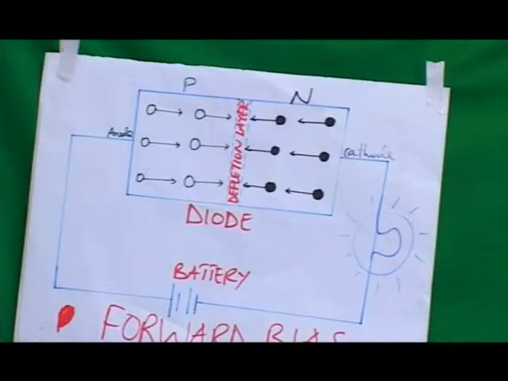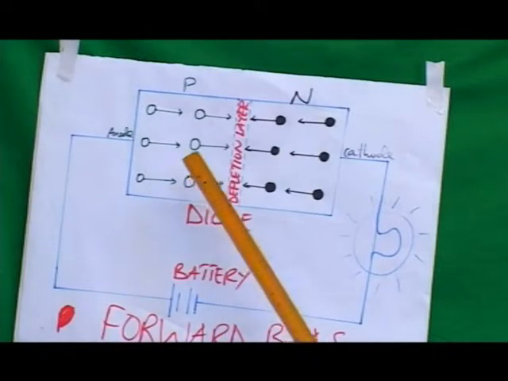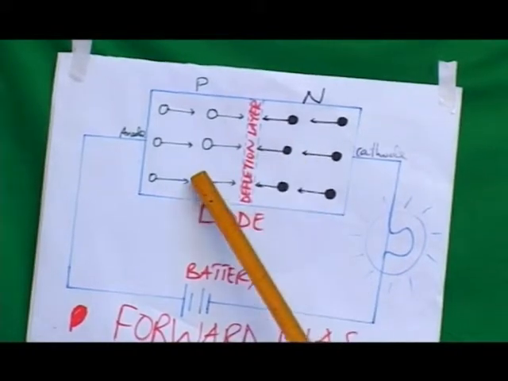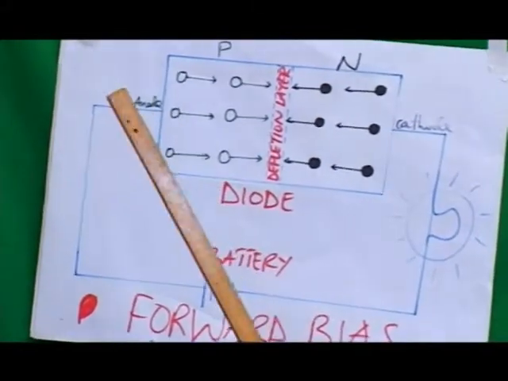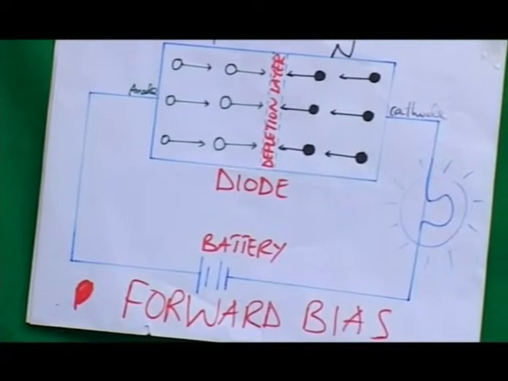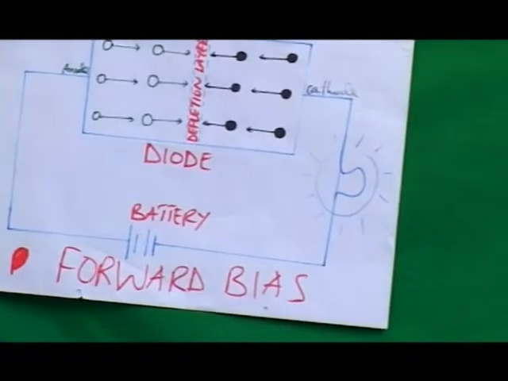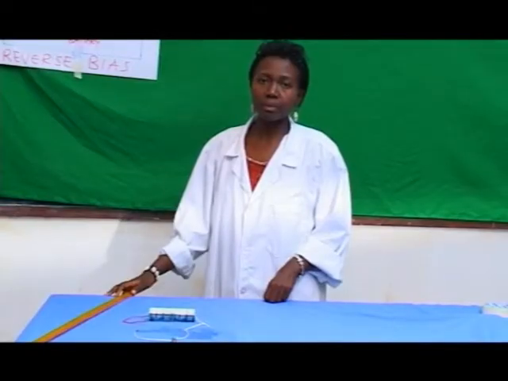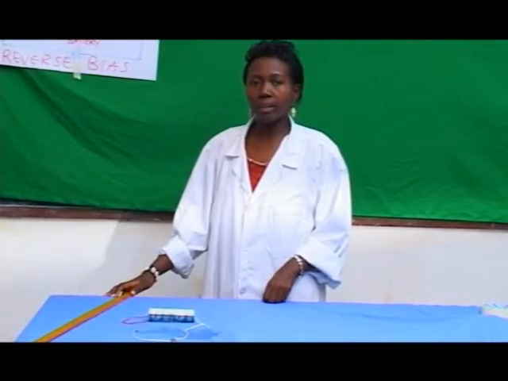That reduced the width of the depletion layer and lowered the potential barrier. The interaction between holes and electrons was allowed, and hence the flow of electric current was made possible. That is why the bulb lit.